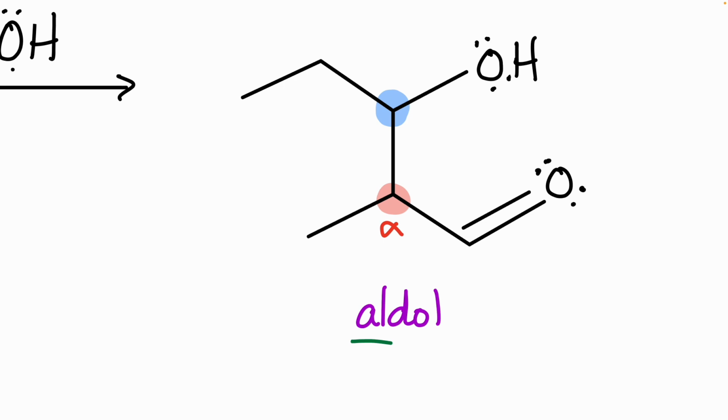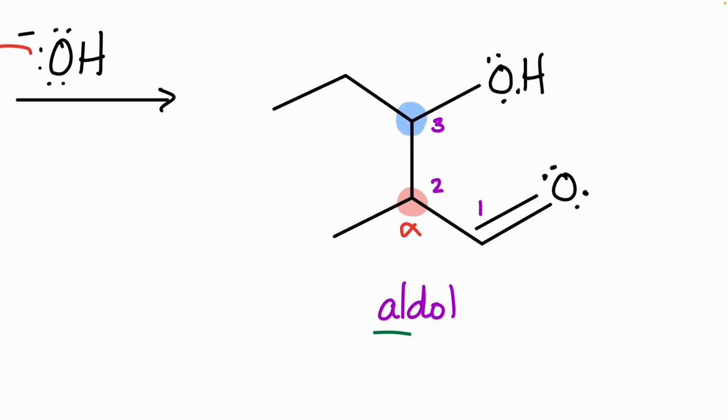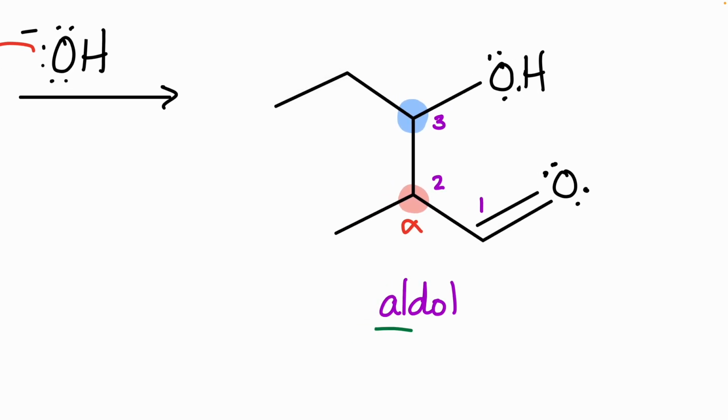If I start counting from that carbonyl group, I have 1, 2, 3 carbons between those two functional groups. That will always be the case because of how these are linked up. So that's just a really easy double check when you get done. Make sure the spacing of those two functional groups is that 3 carbon spacing. Cool. All right, we'll pick up with this next time.